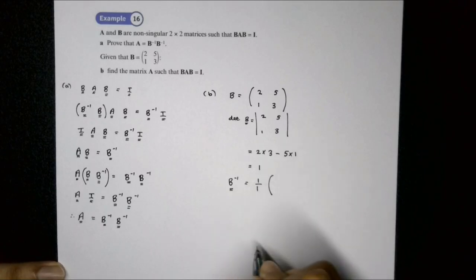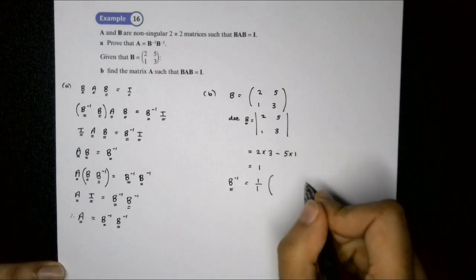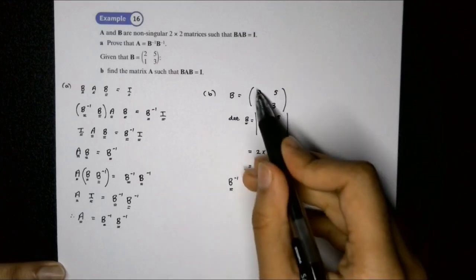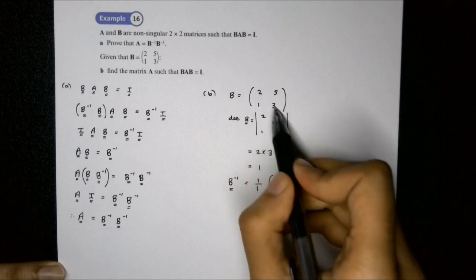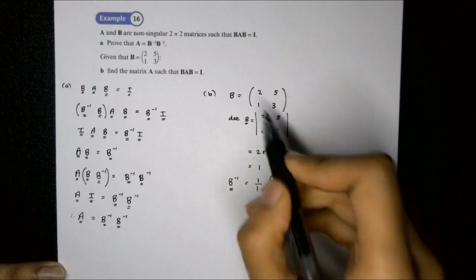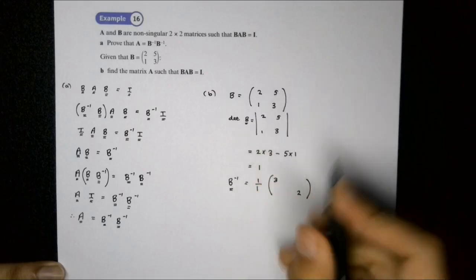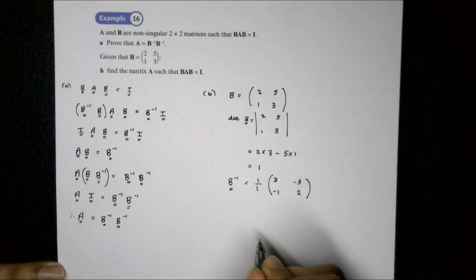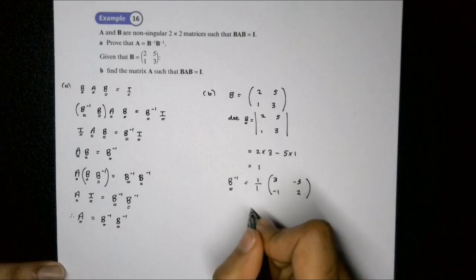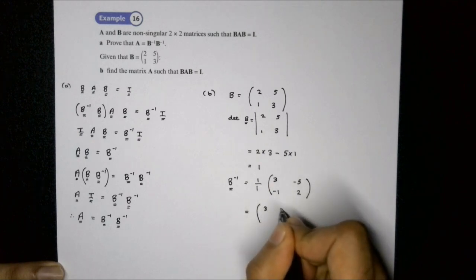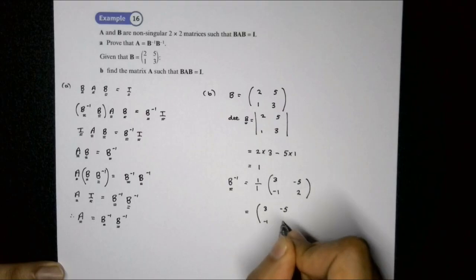And we multiply this by the matrix over here. We take a look at our original matrix. We swap these two elements. So we have 3 here, 2 here. We multiply these elements by minus 1. So we've got minus 1 here, minus 5 here. So the inverse of B, that's equal to 3, minus 5, minus 1, 2.